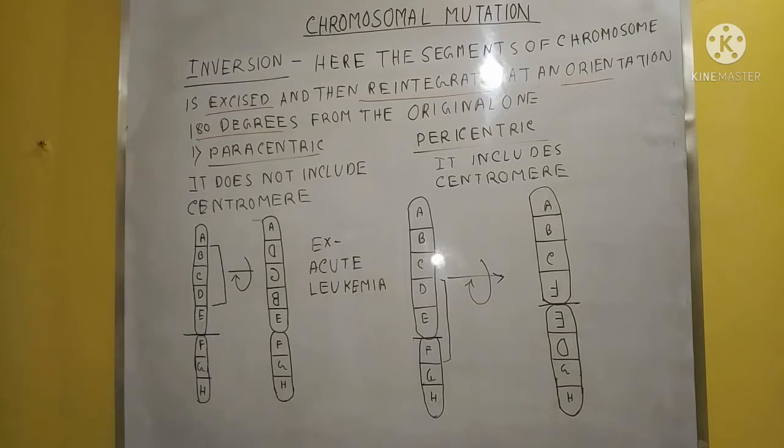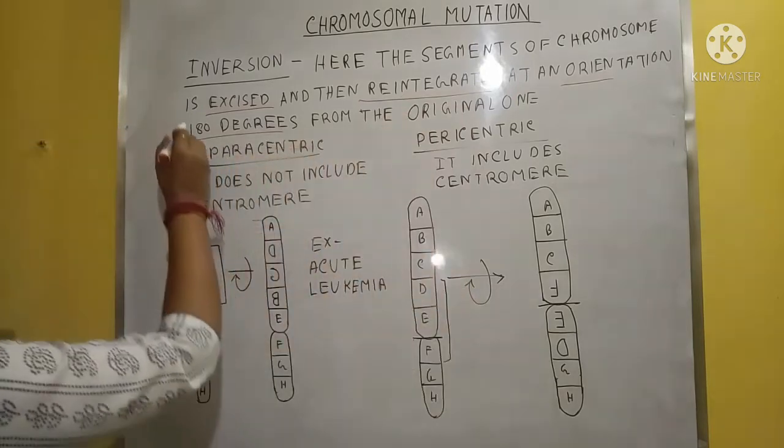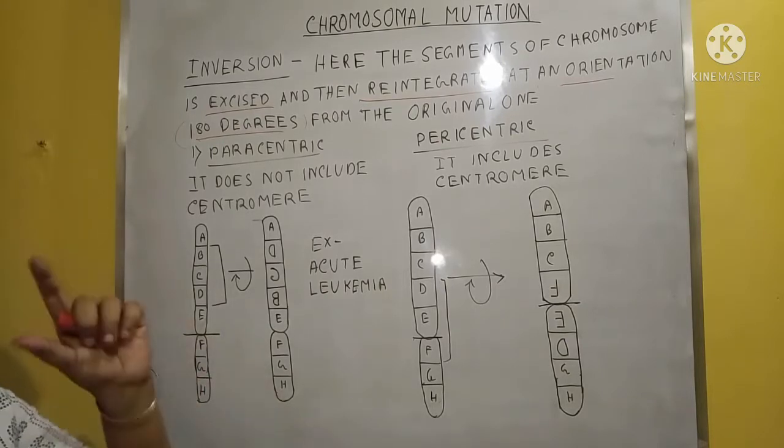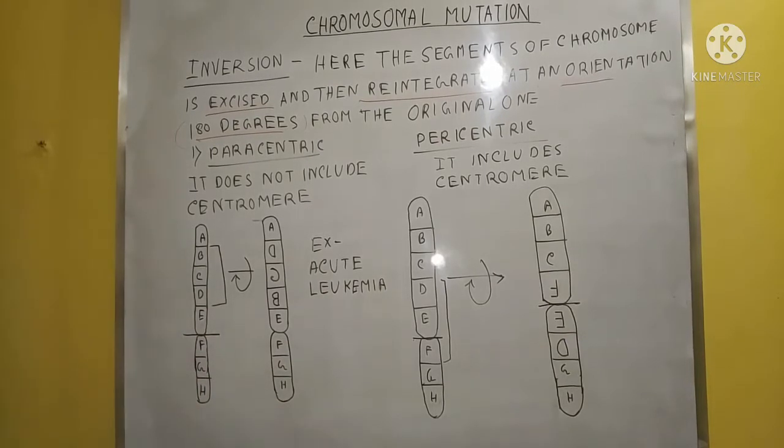Okay, then what is the inversion? The segment is first excised and then reintegrated at 180 degrees and then joined to each other. Okay, so here there are two kinds: paracentric and pericentric inversion.